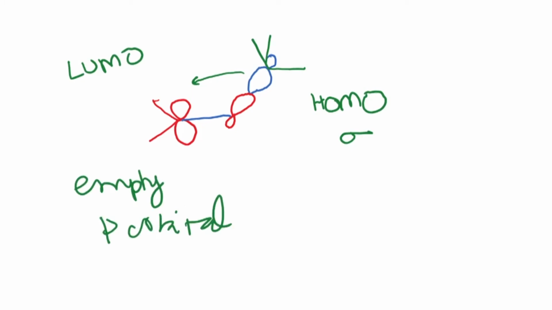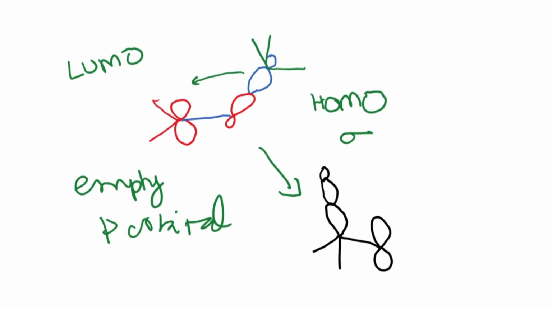Okay, so once it migrates, then you generate a new carbon-carbon bond and an empty p orbital. So just to be clear, there are groups here as well, and so this is the 3 hydrogens as shown here.